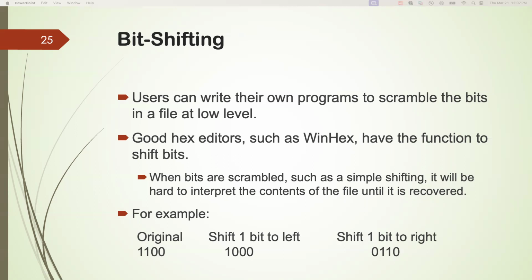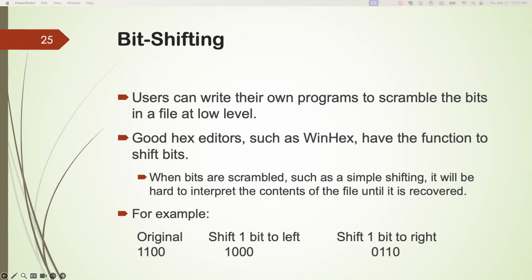So for example, if I have a text file which says, my name is Sayed Ali, that text file will be translated on the disk level into these bits, 1100. Now I can shift these bits, or change these bits, by moving them towards the left or towards the right.